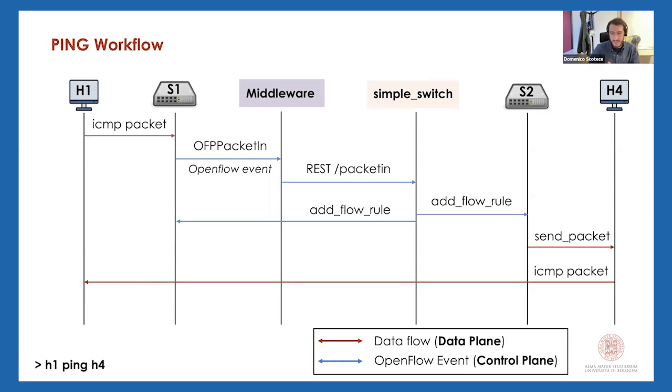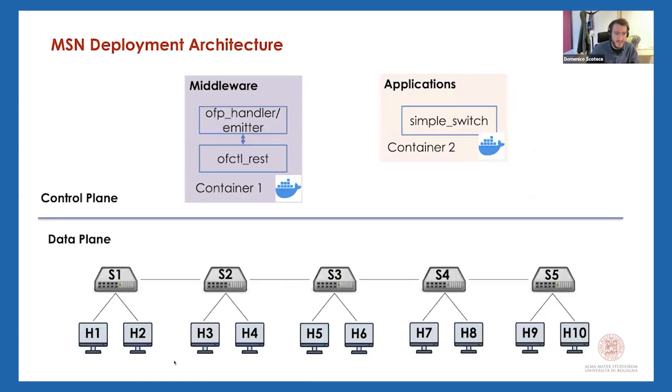The function is add flow rule. Add flow rule actually creates the rule that contains the path. The path here is switch one and switch two, simple, because H1 wants to communicate with H4.